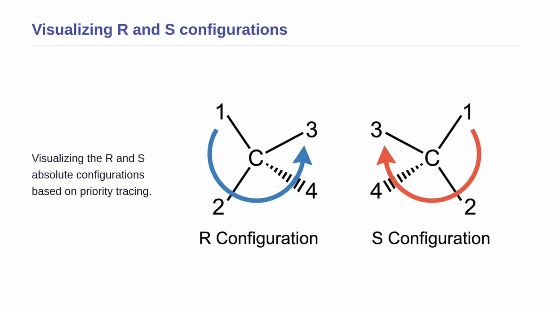On the left, tracing from group 1 to 2 to 3 creates a clockwise circle, which gives us the R configuration. On the right, tracing from 1 to 2 to 3 creates a counterclockwise circle, giving us the S configuration. This diagram perfectly summarizes the absolute, unambiguous way chemists communicate three-dimensional molecular shape.